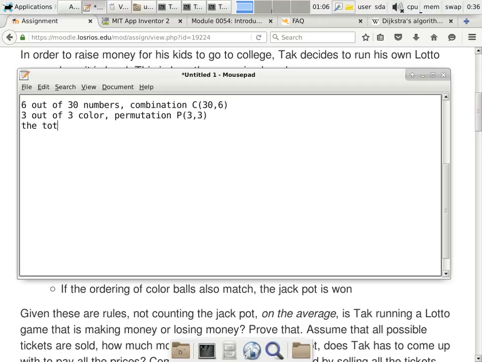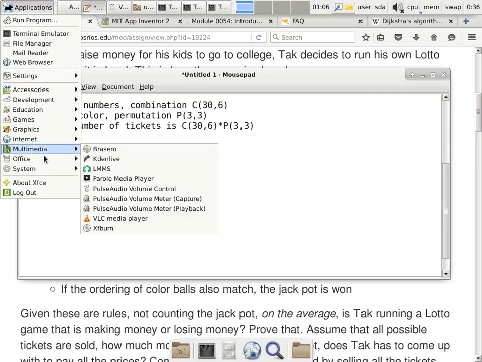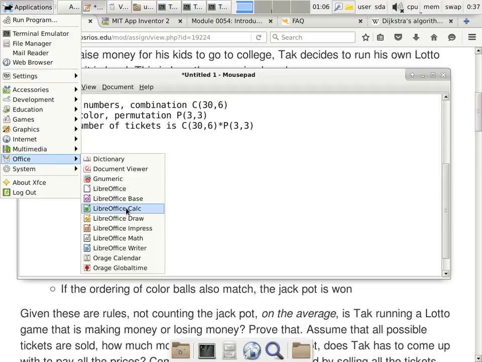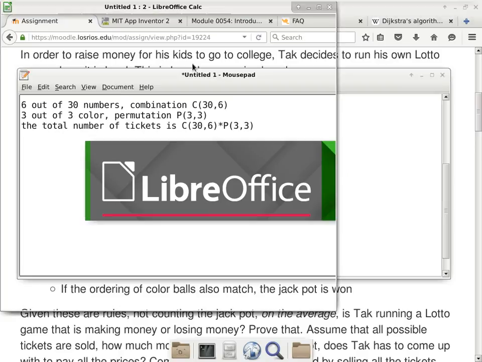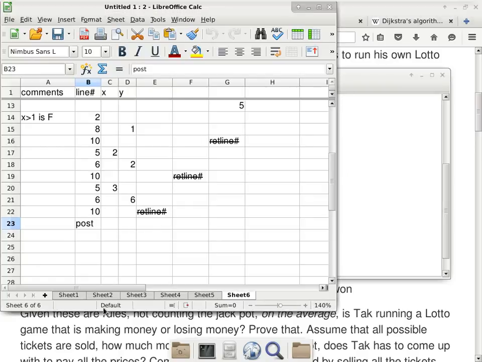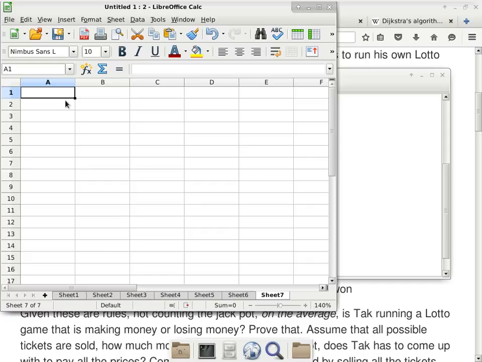Okay, so the total number of tickets is C(30,6) times P(3,3). And using a spreadsheet, it's easy to calculate. I'm just going to add a new sheet here.